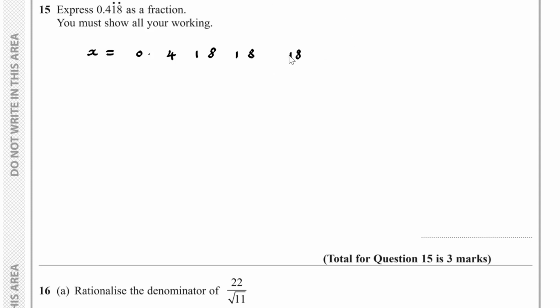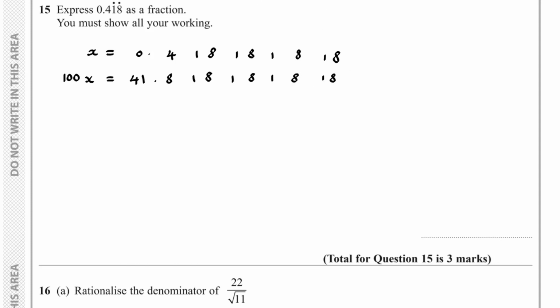Okay, so we can continue it like this. Because we have 2 digits which are recurring, we multiply this x by 100. So we have 100x equals 41.818. And we can continue.